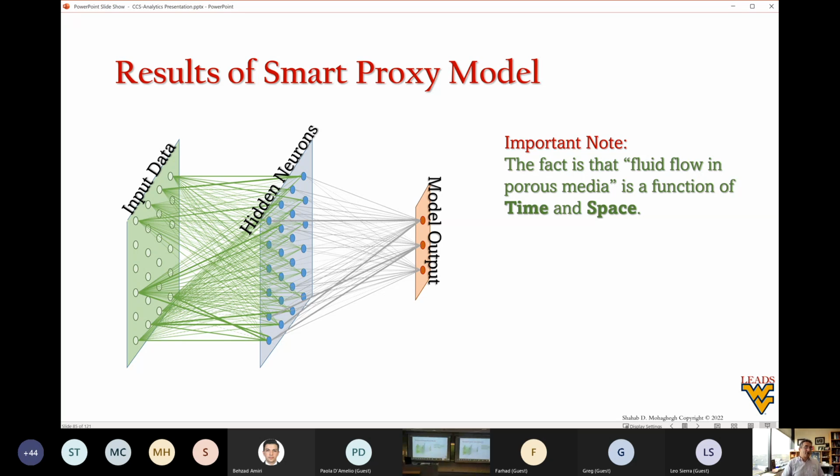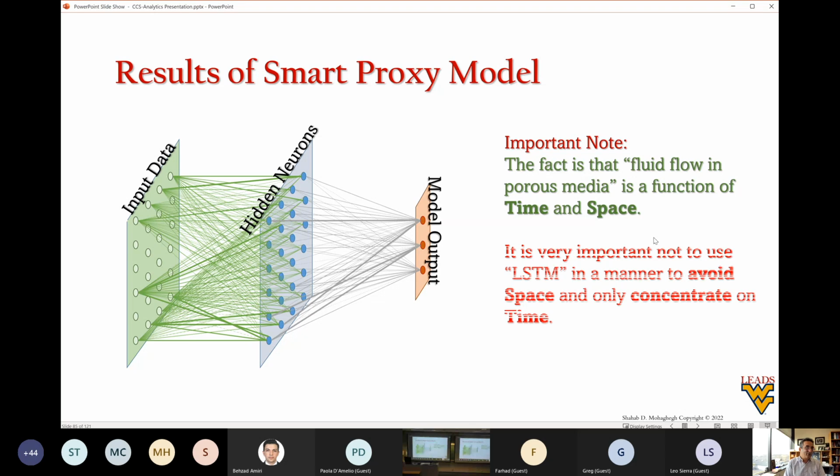A lot of people use LSTM, long short-term memory, in order to build it. And when they do that, they could get a good result on a single well, of course. But what they don't understand is they're avoiding space and doing it only on time. And that's not going to work.